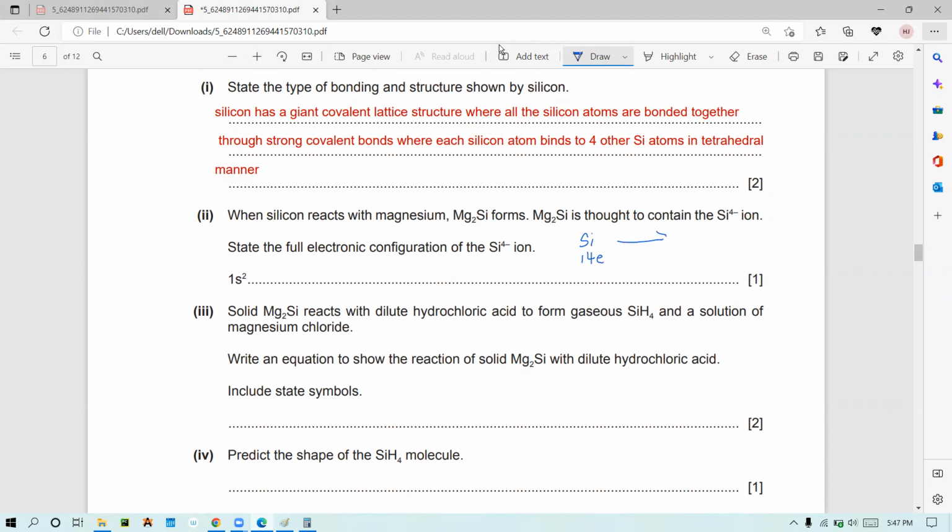But when silicon changes to silicon 4-, it gives 18 electrons. So electronic configuration must be written for 18 electrons. 1s2 is there already, 2s2, 2p6, 3s2, 3p6.